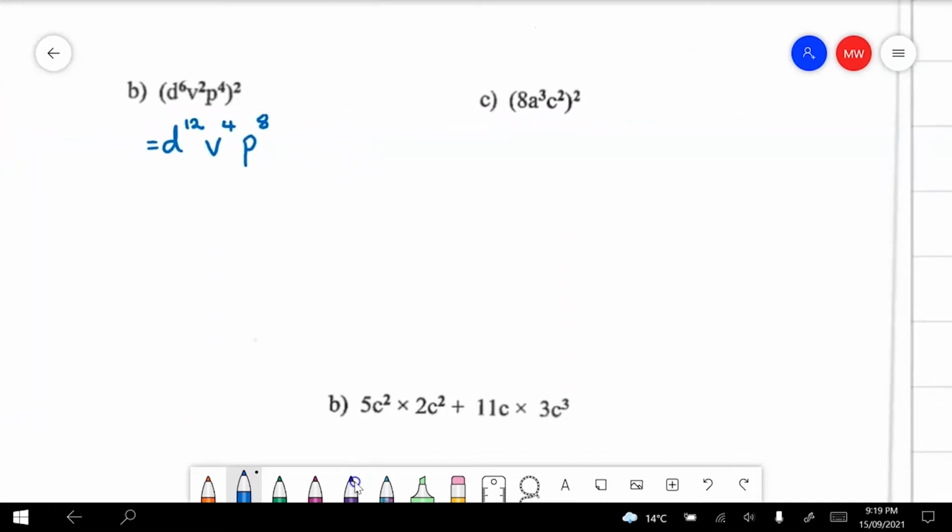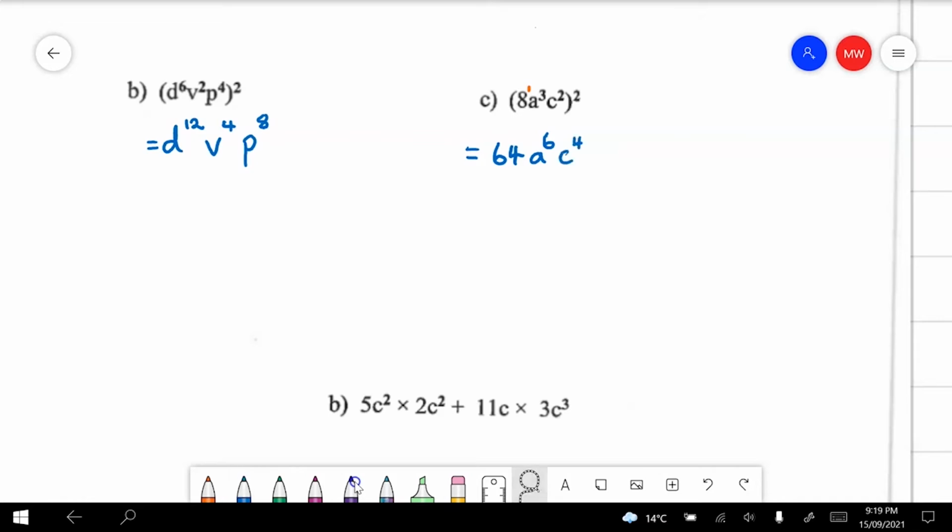And in the final one, we're just going to make a point here that the 8 has also got an indice of 1. So this doesn't just apply to letters, it applies to the numbers as well. So we've got 8 squared, which is 64, and then we've got a to the 3 times 2, which is 6, and we've got c to the 2 times 2, which is 4.